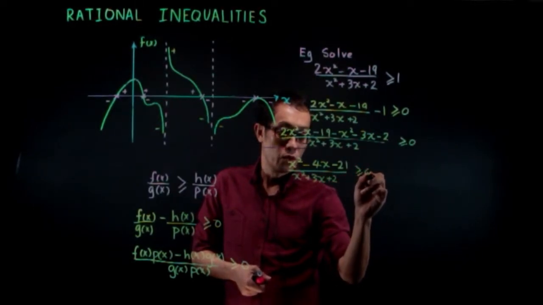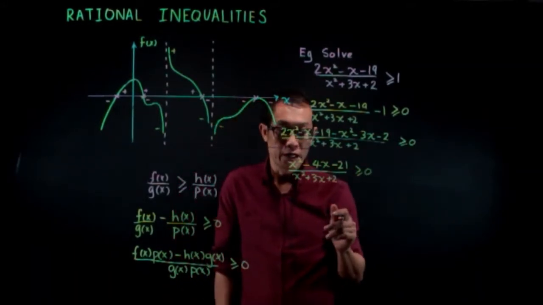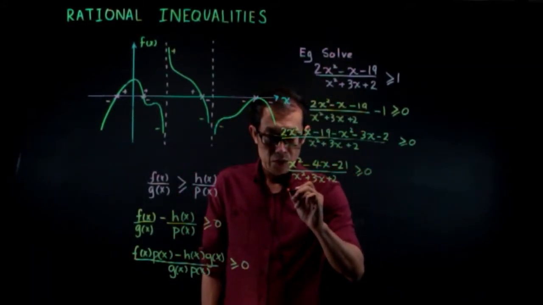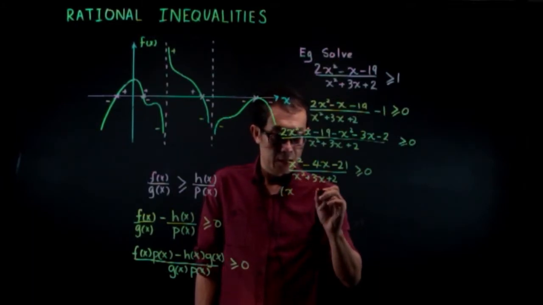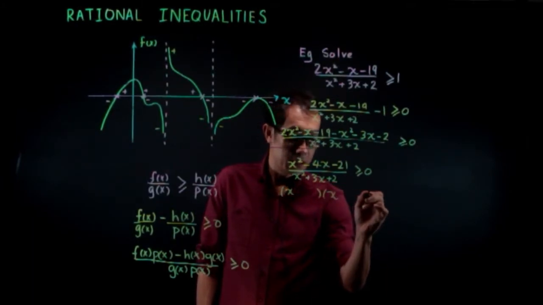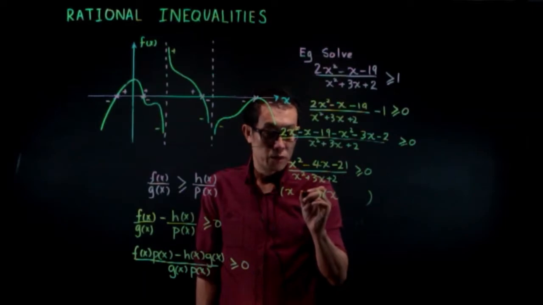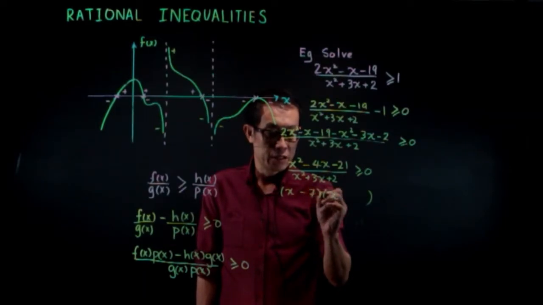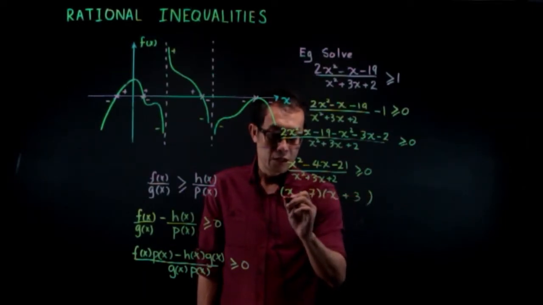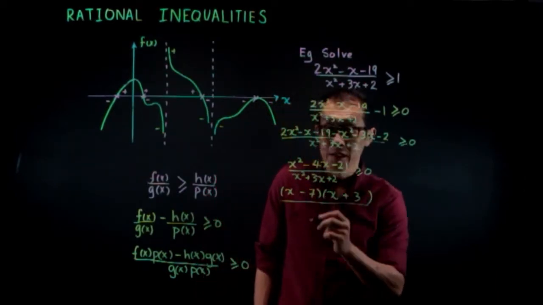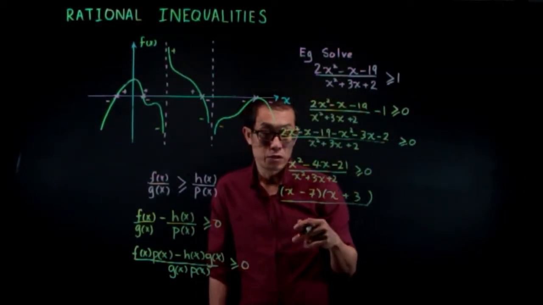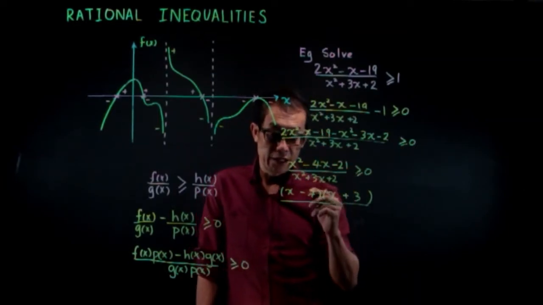Then we try to factorize the numerator. So we have x minus 7 times x plus 3, and we factorize the denominator because we want to determine its vertical asymptote.